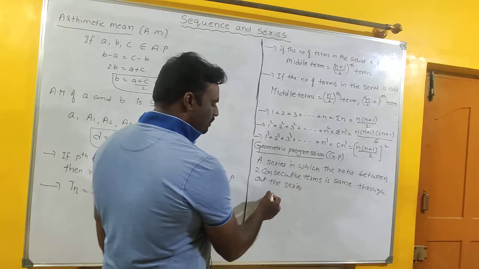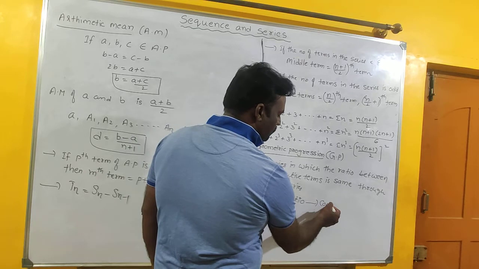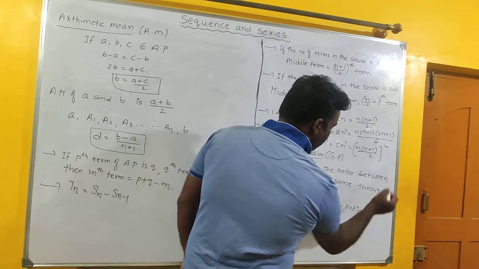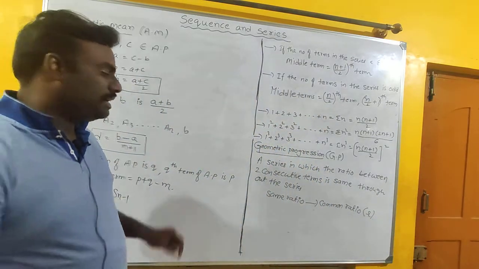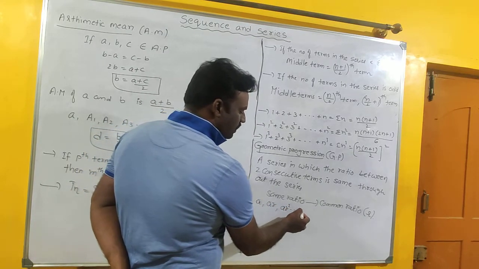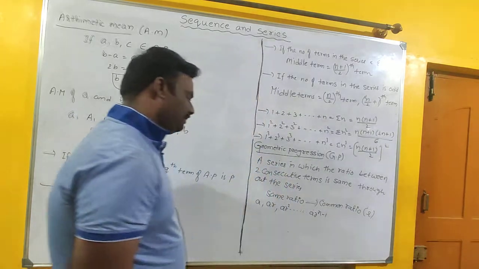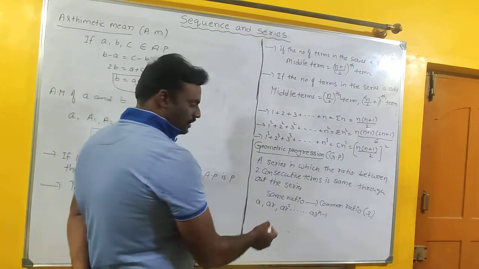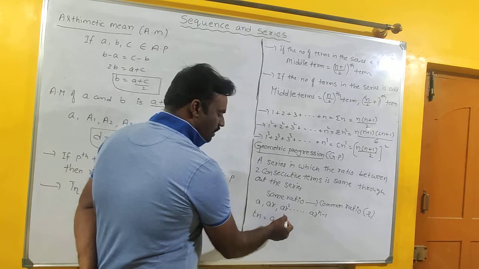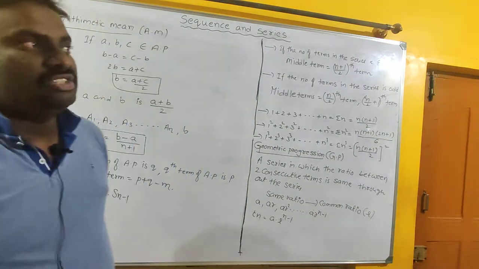Okay, the same ratio is called the common ratio. This is denoted by R. The terms in GP are denoted as A, AR, AR square and so on, AR power n minus 1. Therefore, the nth term in GP is A into R power n minus 1. That is the formula for the nth term in GP.